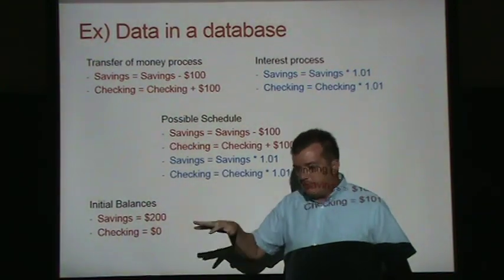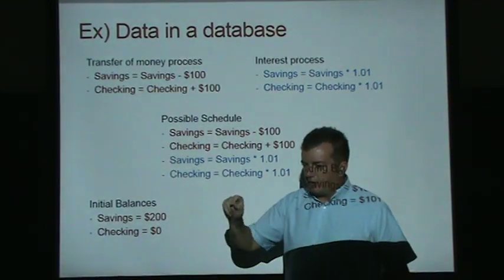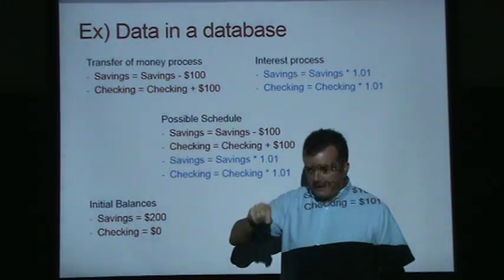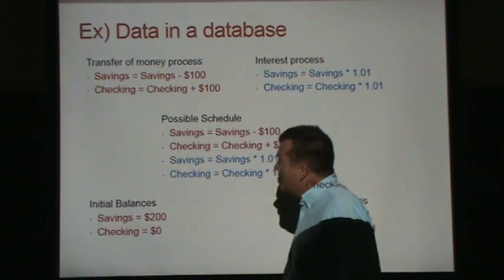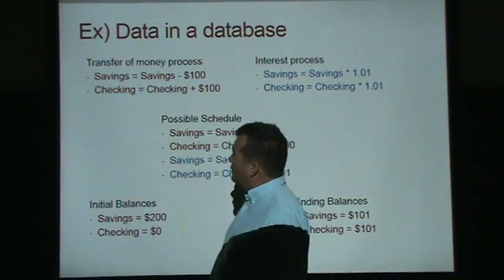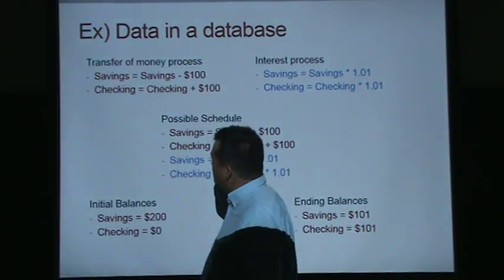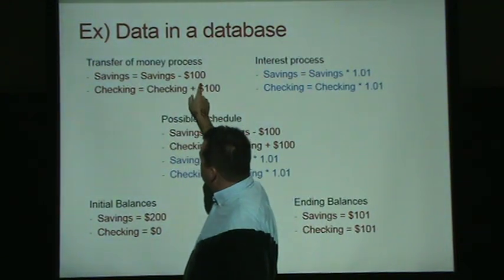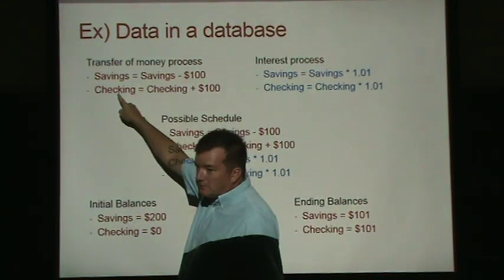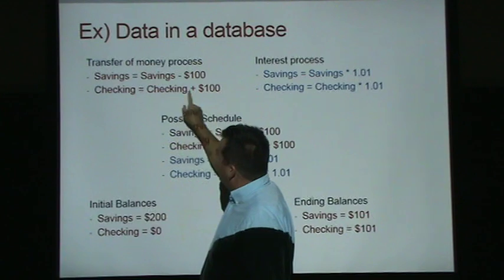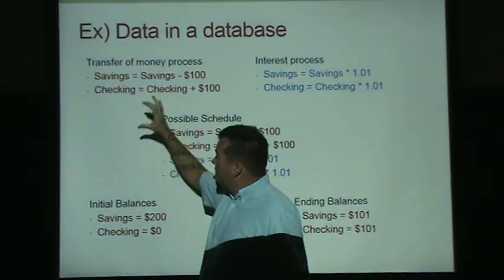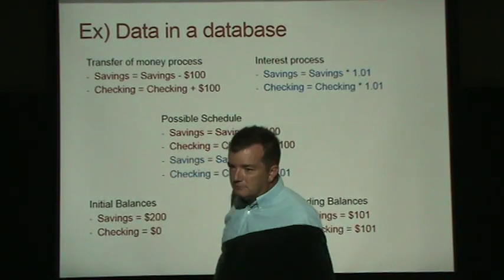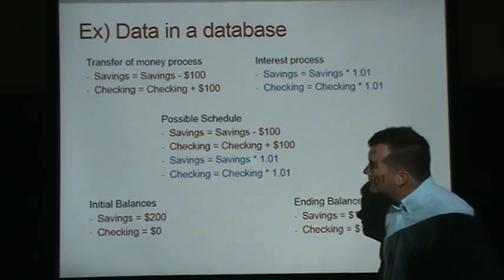If you type in the PIN correctly, you're logged in, and then you say, I want to transfer money from my savings account to my checking account. You say $100, and you hit enter. There's going to be a part where the code looks something like this: the savings account loses $100, and then your checking account gains $100. That's the code that does the transfer.